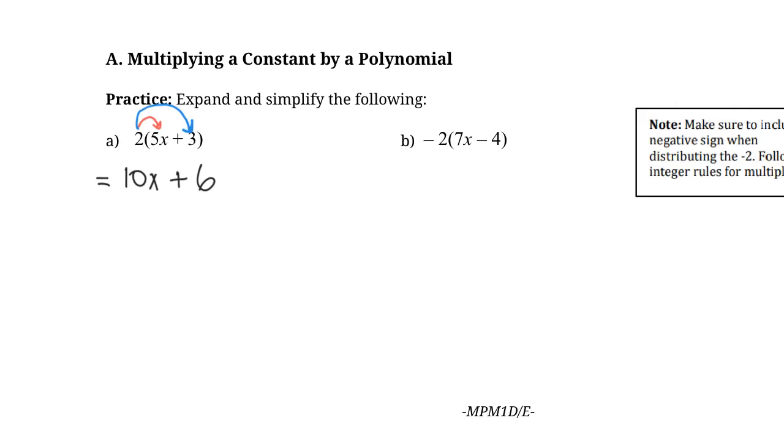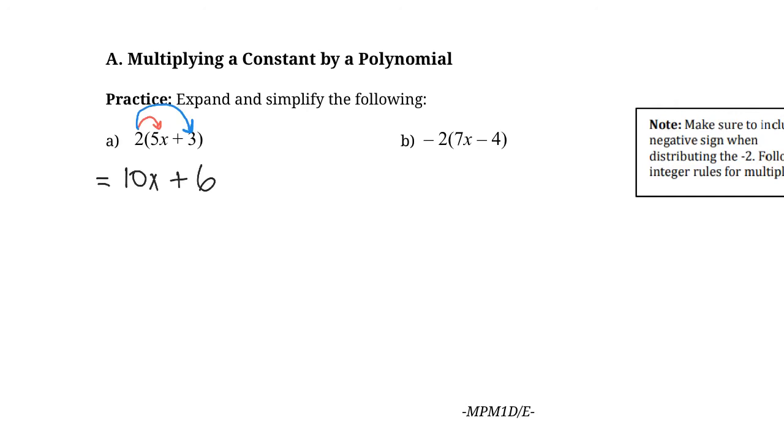Now, can we put 10x and 6 together? Can we add them together? The answer is no. These are not like terms. This is a term with a variable or a letter attached to it, and this is just a plain 6, no letters attached to it. So this is as far as we can take our answer. Our answer is 10x plus 6.